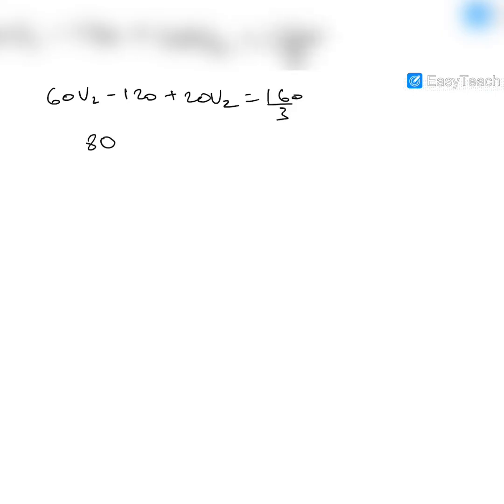So 80 v2 will be equal to 120 plus 160 by 3, which is 360 plus 160, that is 520 by 3.